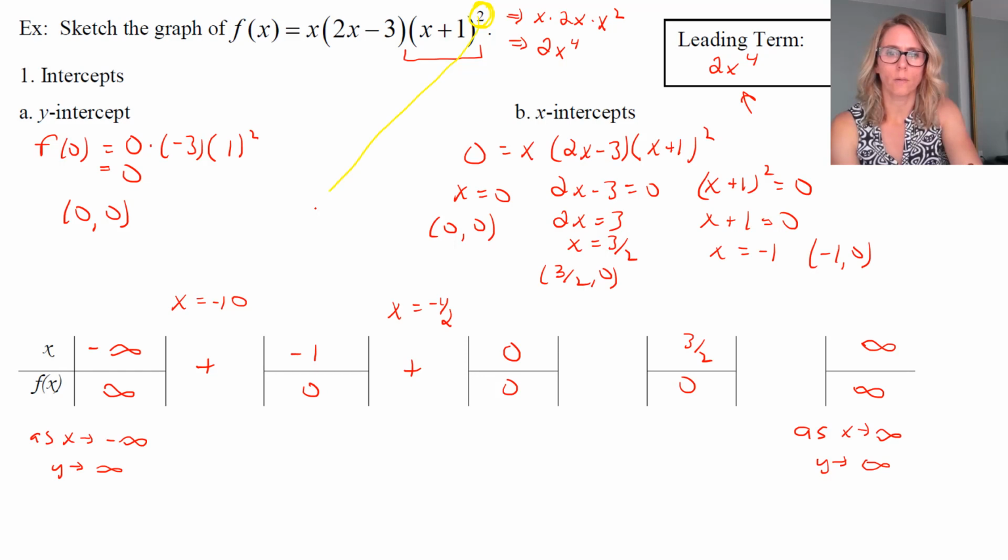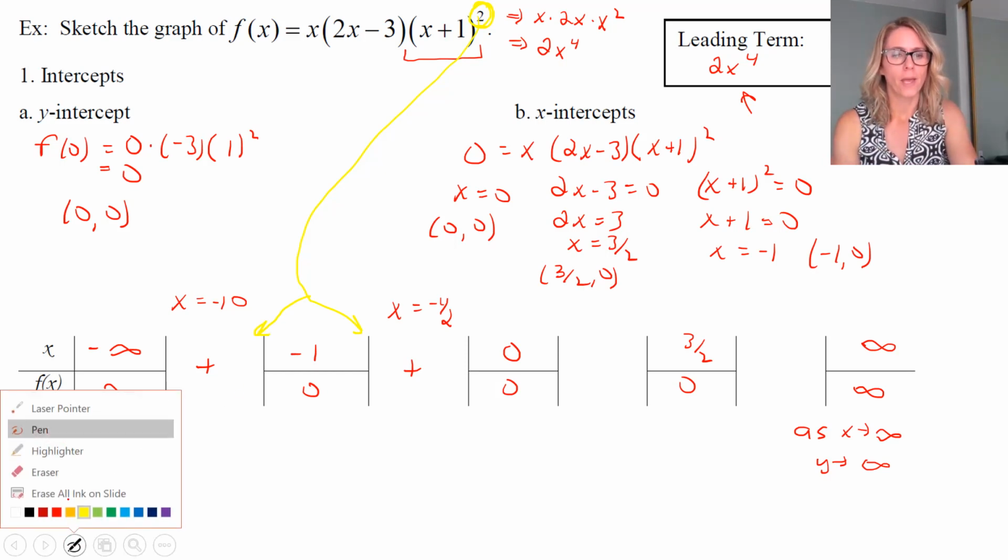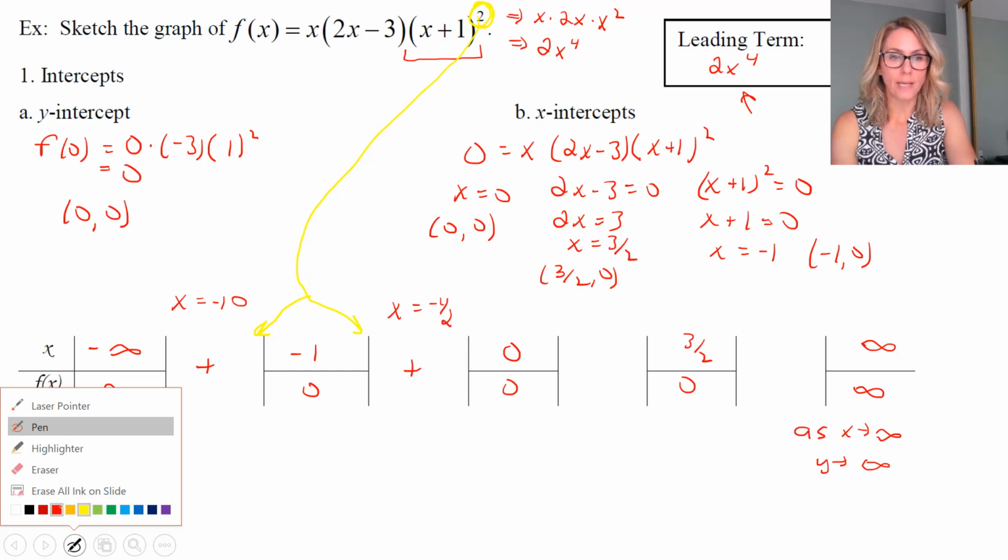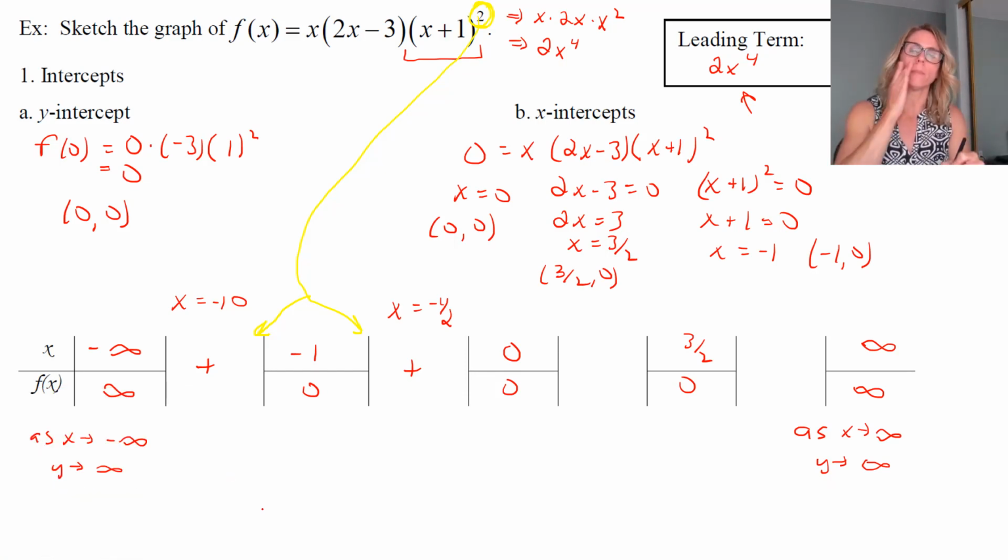On either side of -1, the sign is not going to change. I'm not saying it has to be positive. I'm saying it's not going to change because it comes from a factor that is squared. So that means on either side of -1, you're not going to have a sign change.